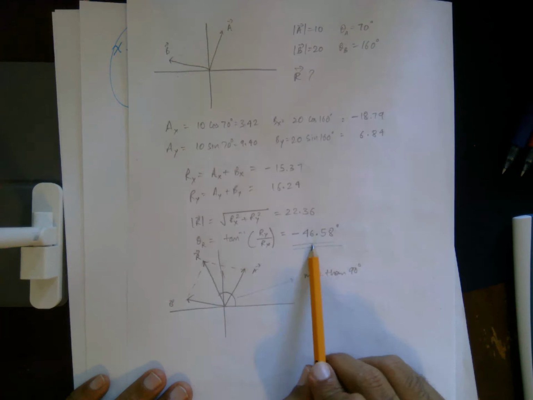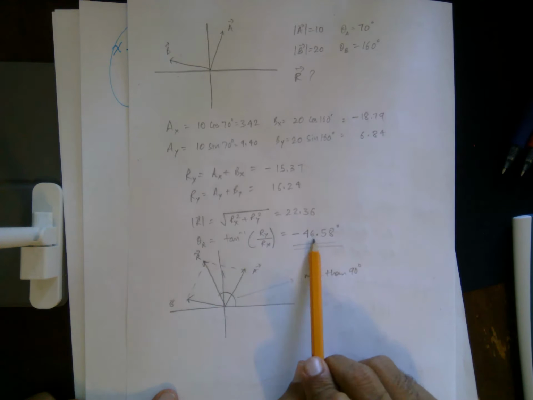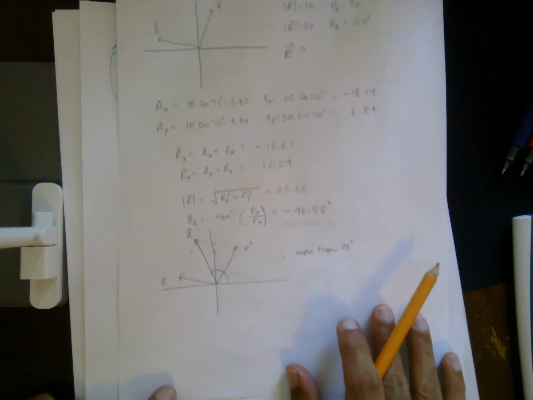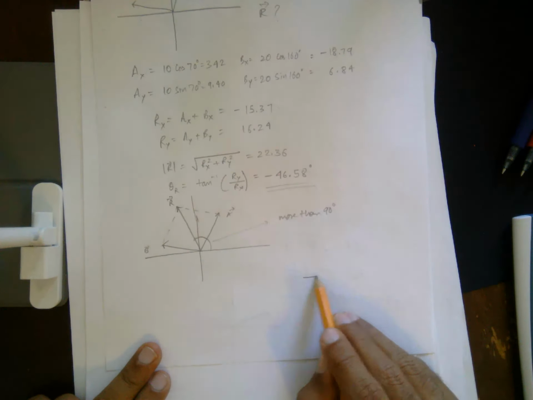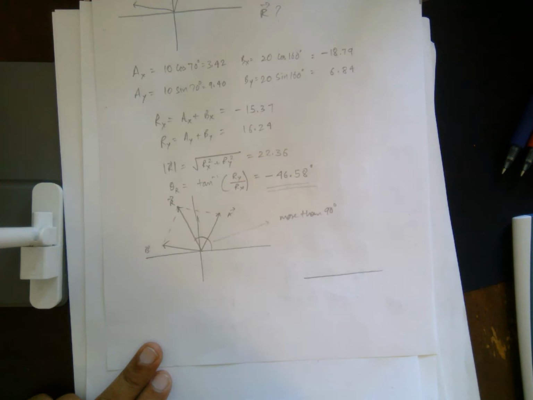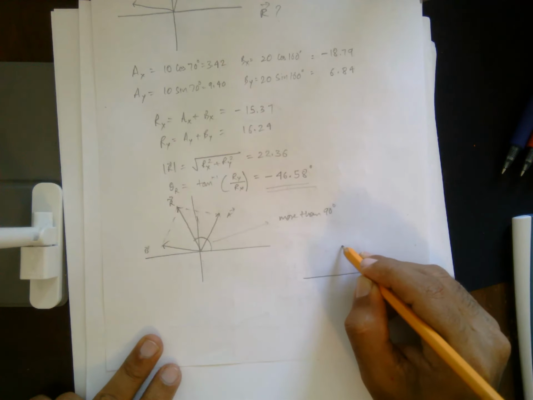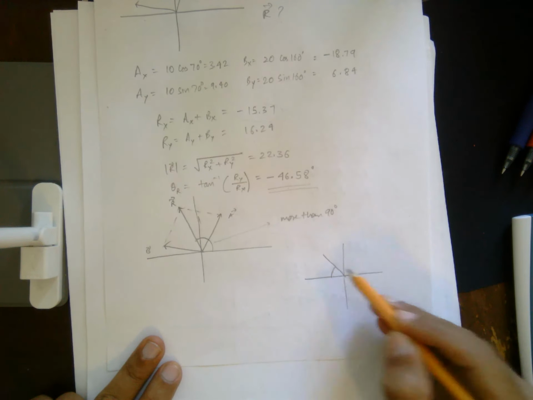but the calculator is giving me negative 46.58. So how do I translate this information into the correct form? How we do that is, the calculator is always going to give you answers between negative 90 and positive 90. So you have to sort of make sense of what's going on. Negative 46.58 degrees in this case means that it's giving you this angle.